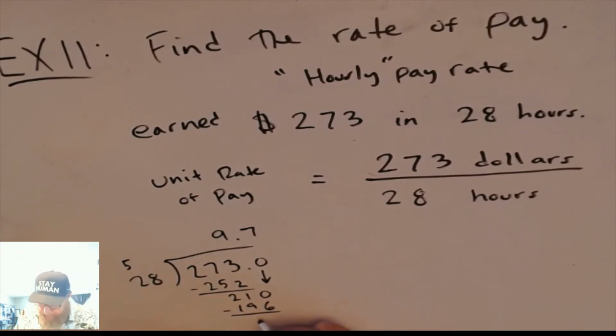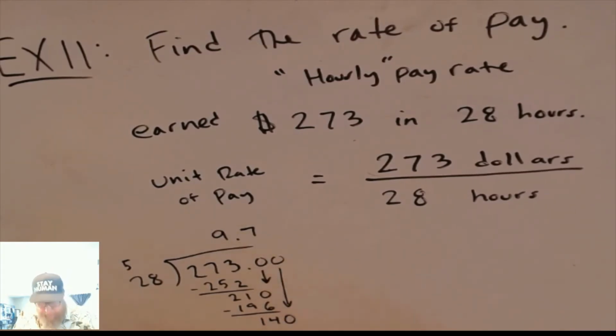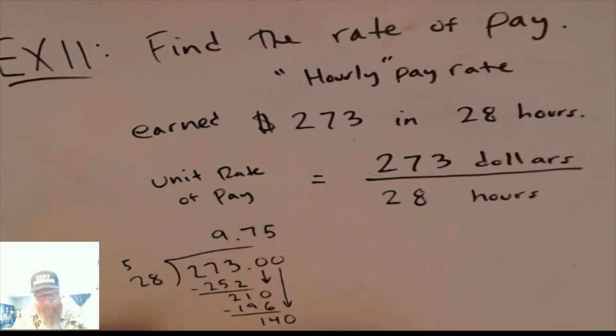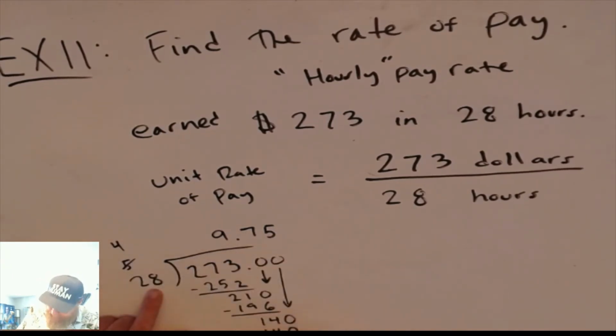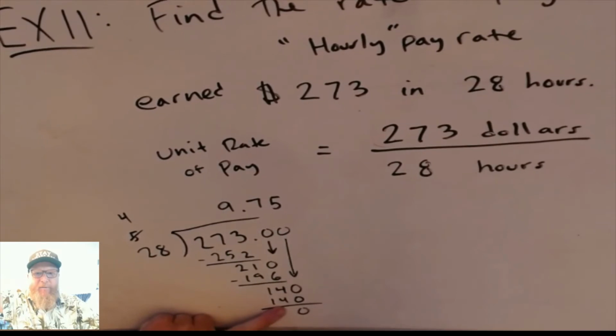Subtract, you're going to get 14. Put another 0, bring it down. 28 goes into 140 5 times. 5 times 8 is 40, carry the 4. 5 times 2 is 10 plus 4 is exactly 14. Nice, I love that when that happens. You can see I get a nice remainder of 0 down here.